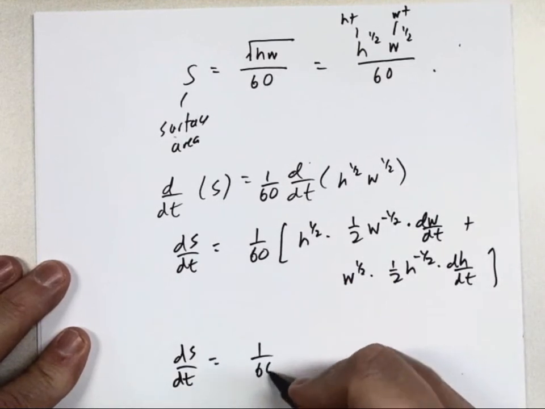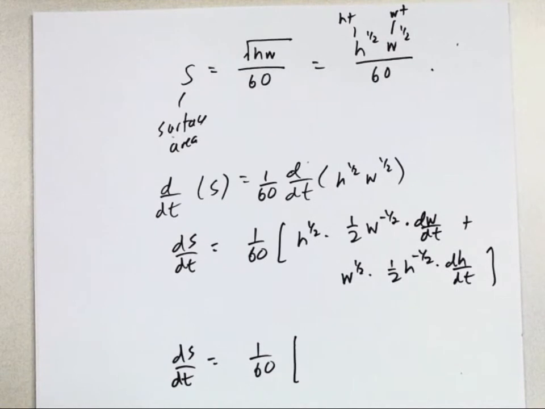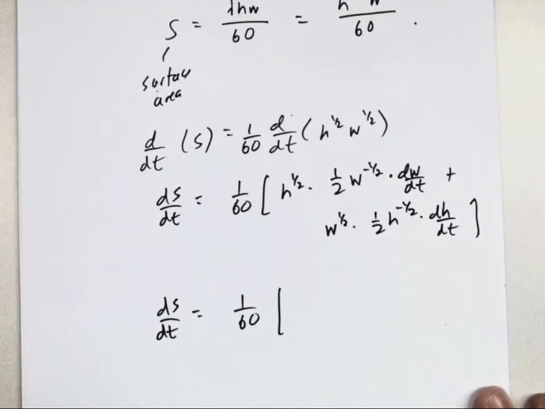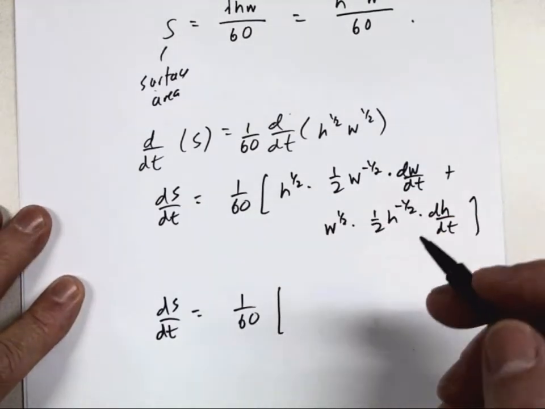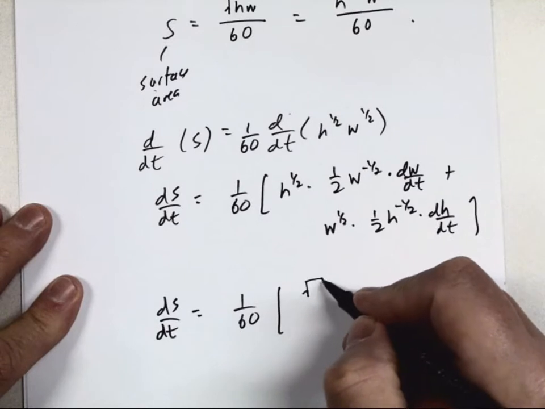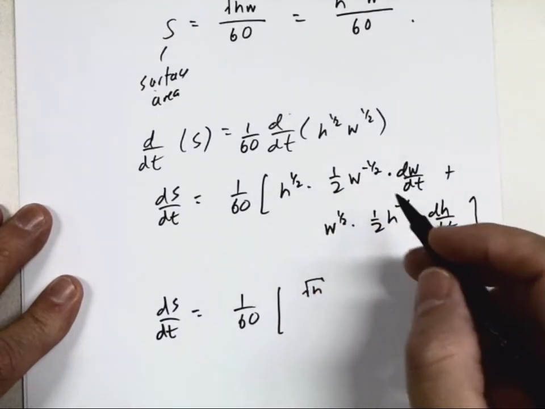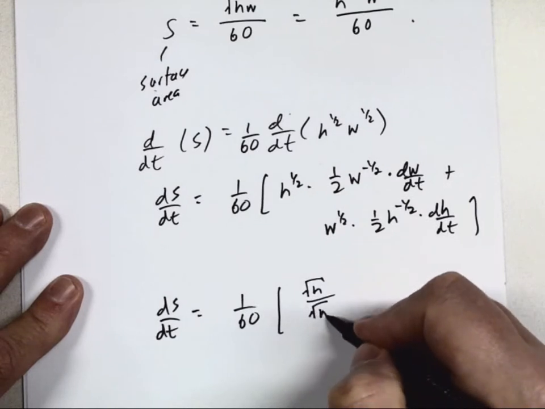So 1/60. And actually I'm going to switch back to square roots because when I go to my calculator, I can do square roots. So this is like square root of h, that goes in the bottom, square root of w.